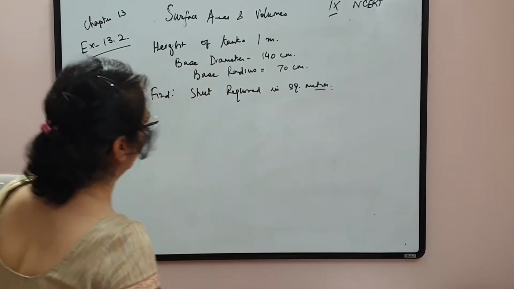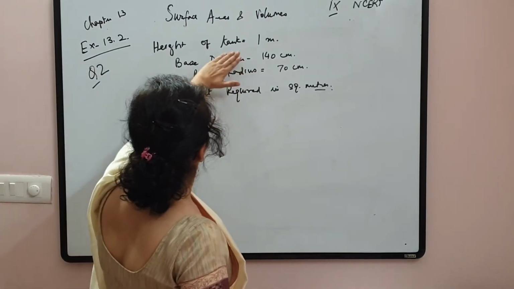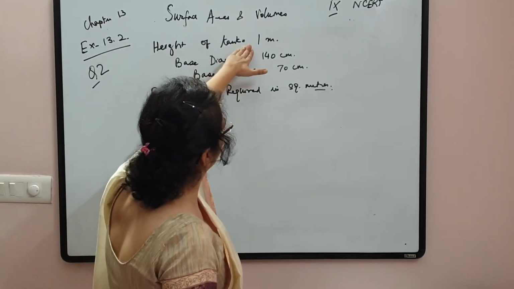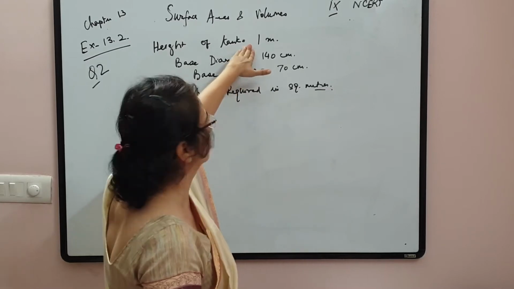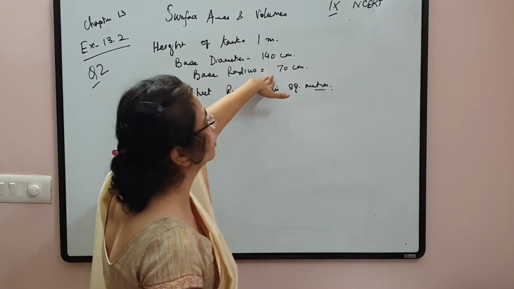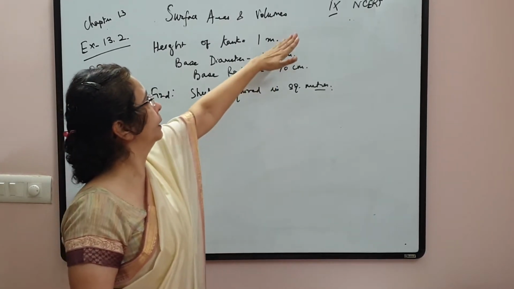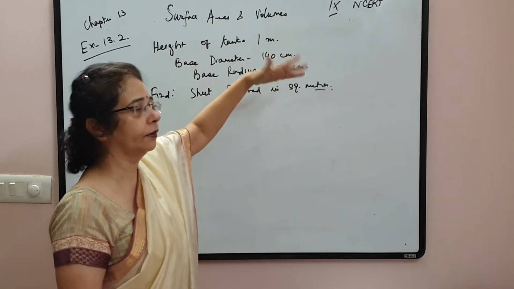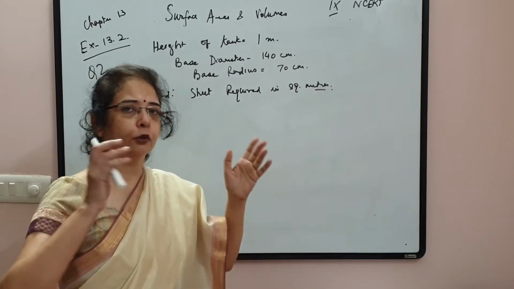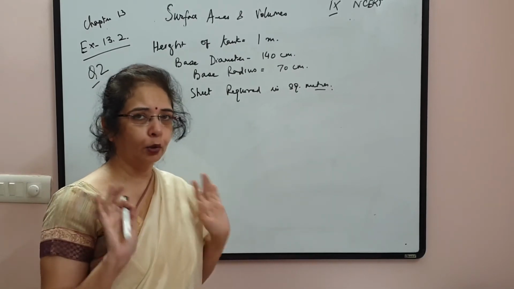Now you can see, children, height of the tank is 1 meter. Either you convert this into centimeters or you convert the base radius into meters, but the units have to be the same. It's not that you take height in meters and radius in centimeters and multiply them. That's not done.